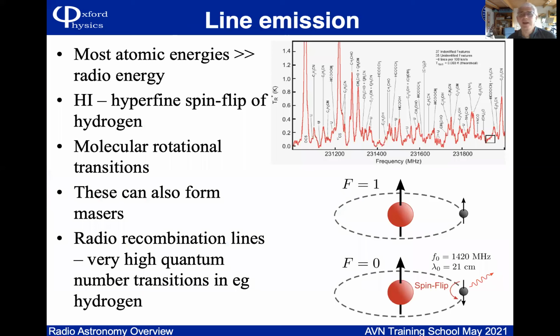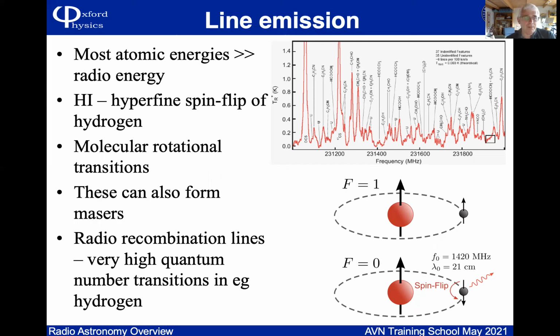Right, then there are many kinds of line emission, processes that produce radio waves at very specific frequencies. Now, we said most energies involved in atomic processes, molecular bonds, that kind of thing, are actually very much greater than radio energy. They're more like optical energy.